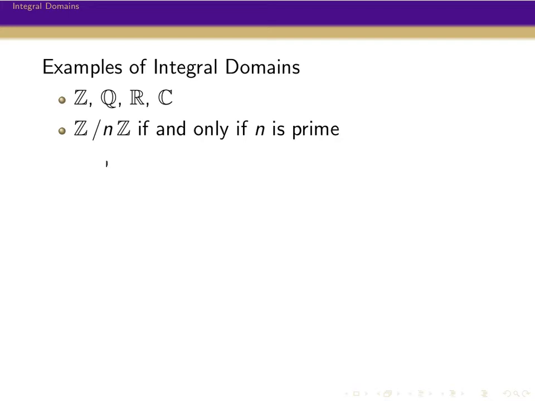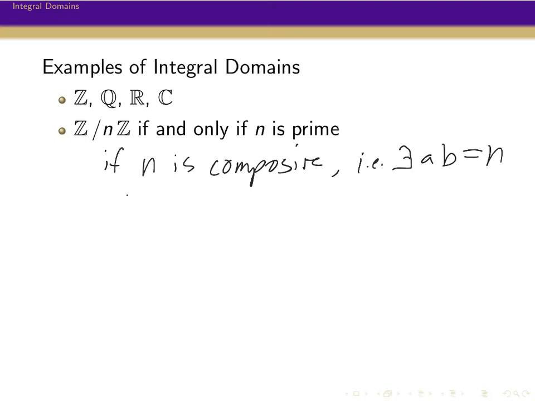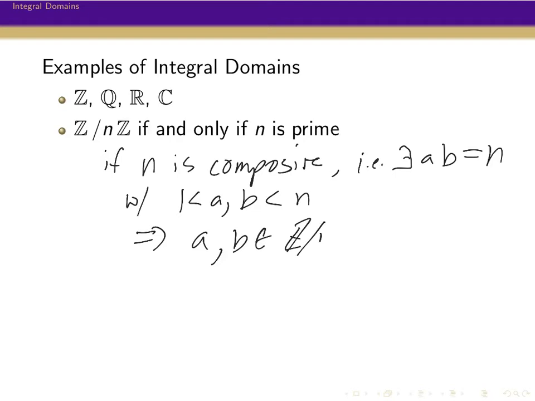So if n is composite, i.e., there exist A times B that equal n, with both of them strictly bigger than 1 and smaller than n, well, then you can think about these as being inside Z mod nZ.